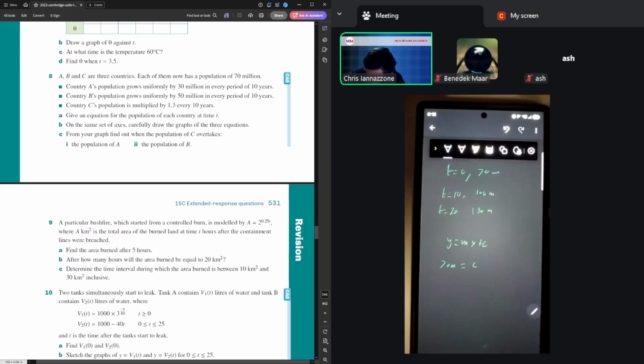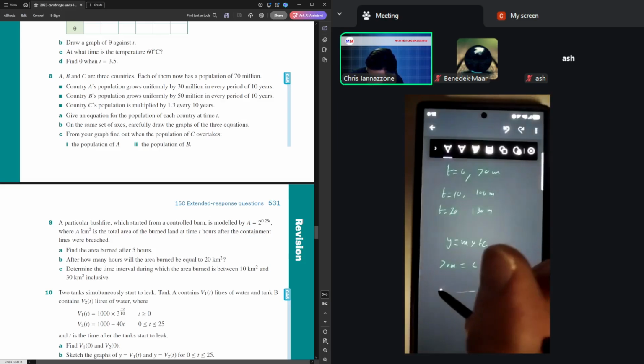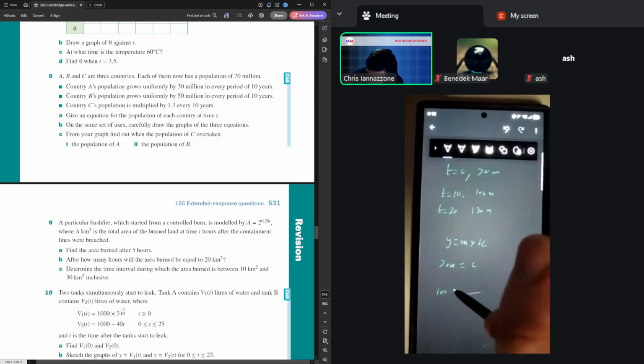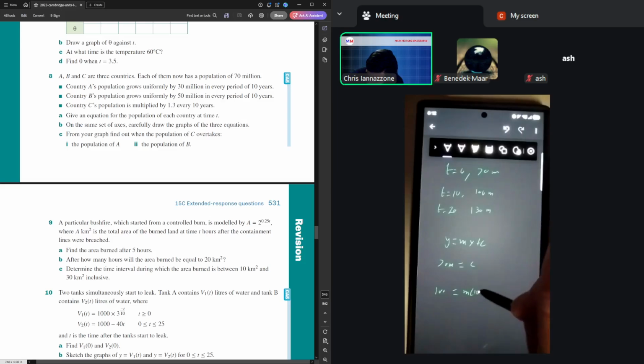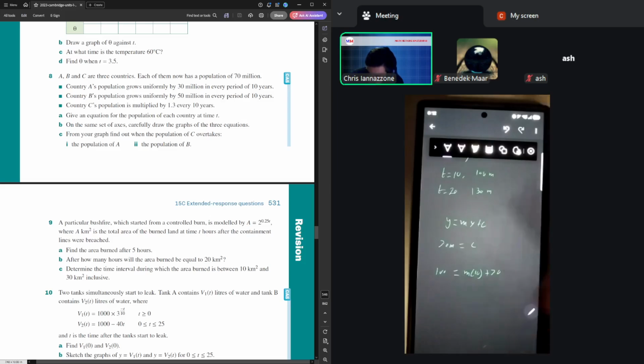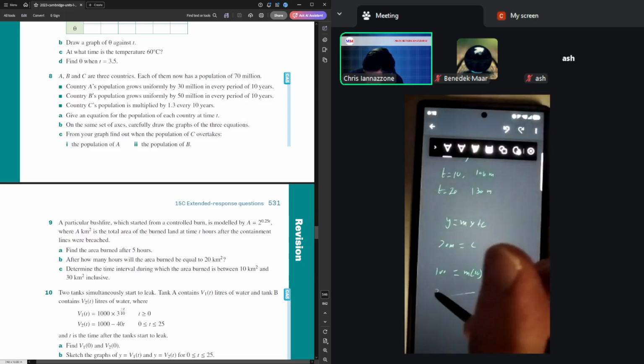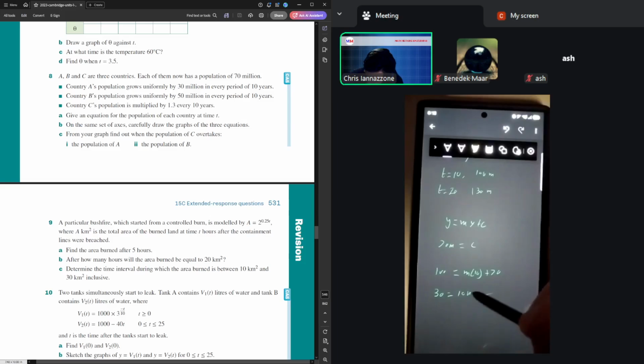Then in my next iteration, when t equals 10, I need 100 million. So I now have 100 million equal to m times 10 plus the 70 million. I can now solve for the gradient. 30 equals 10m, m equals 3.